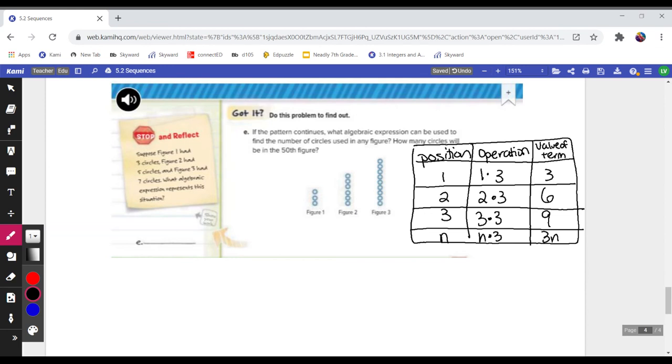So here's my algebraic expression, 3n. And in order to find the 50th term, I am going to replace n with 50. So this is going to be 3 times 50. Instead of 3n, it's 3 times 50, which equals 150. So there will be 150 circles inside the 50th figure. Great job. Go forth and do some practice.